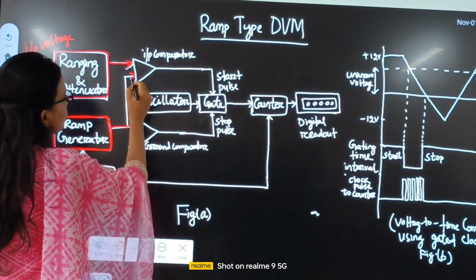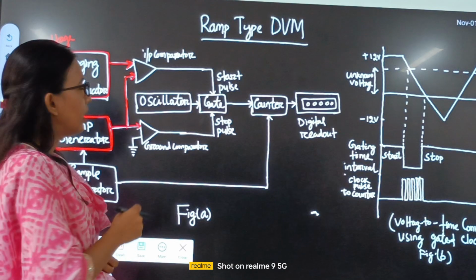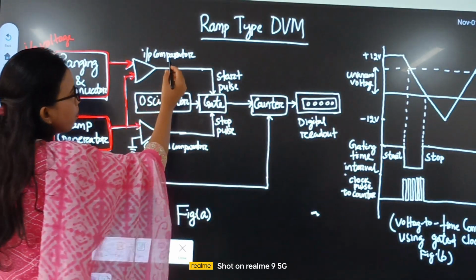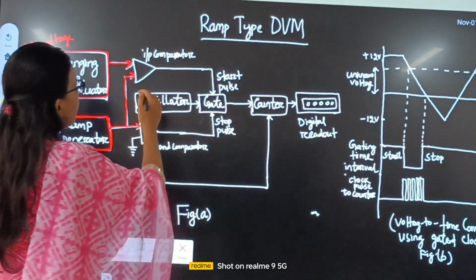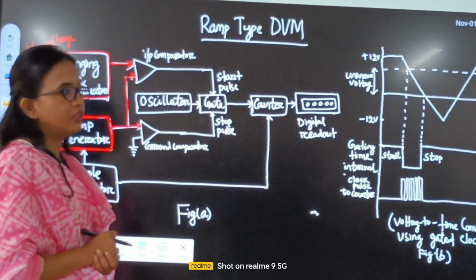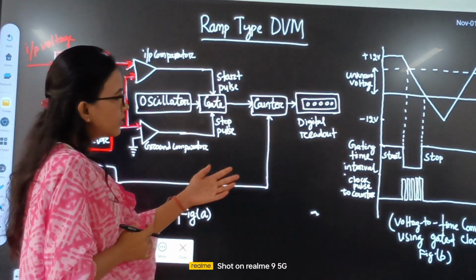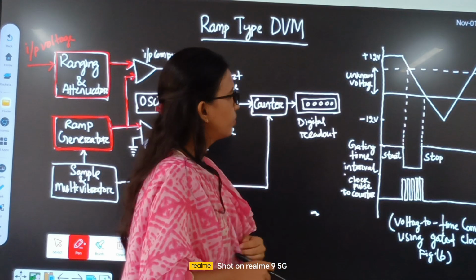So there are two voltages, one from the ranging and attenuator and the second one from the ramp generator. It will compare the two voltage levels, the input voltage and the ramp generator voltage.